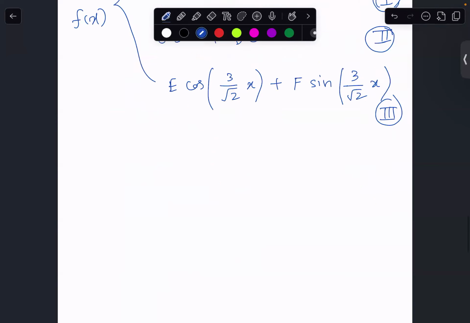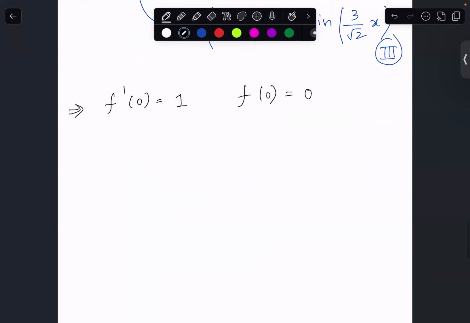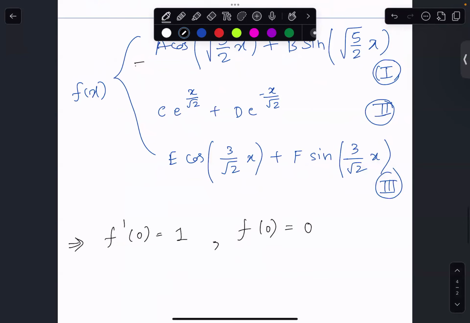Now, to begin with, we have our boundary conditions: f prime of 0 equals 1 and f of 0 equals 0. Now we'll apply both of these boundary conditions to our first differential equation.